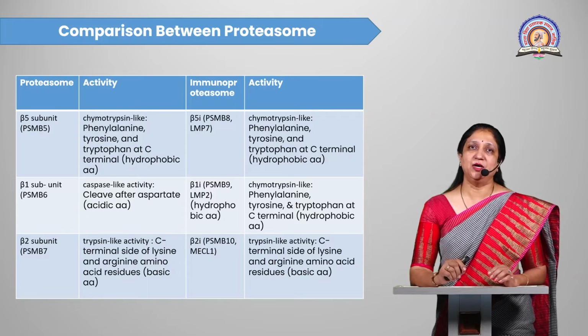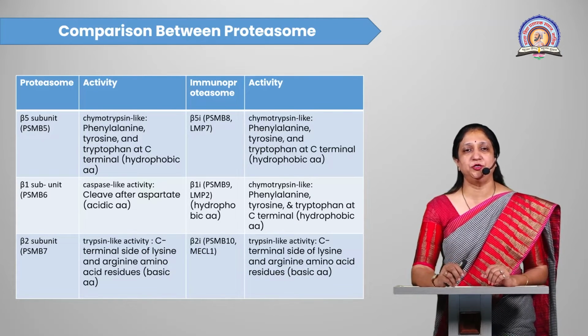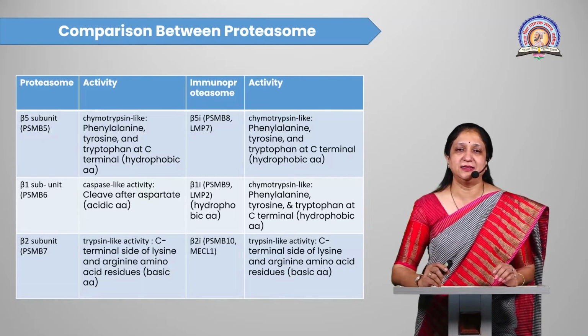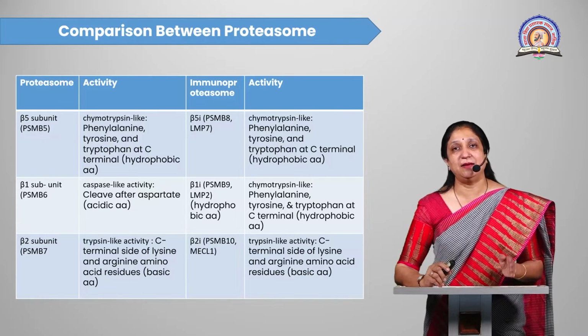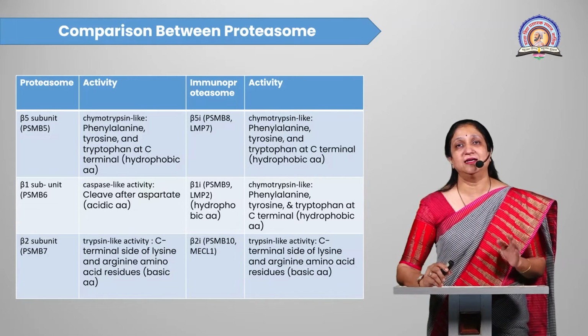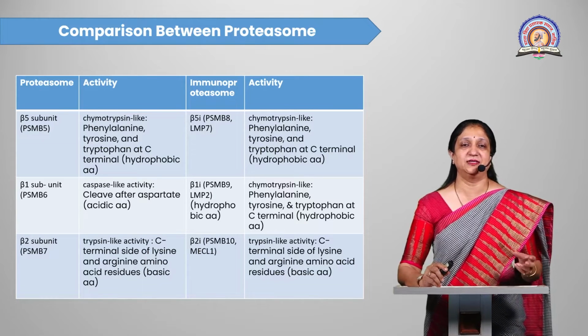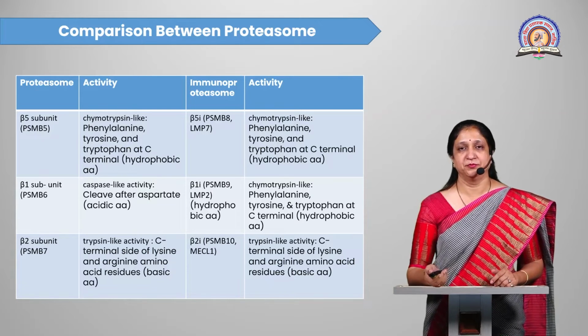Beta 2 and beta 2i, the subunits of the normal proteasome and the immunoproteasome, have a similar activity, that is the trypsin-like activity, which is the ability to cleave at the carboxy terminal end of the basic amino acids, for example, lysine residue and arginine residue.